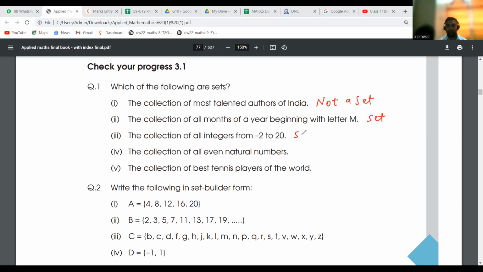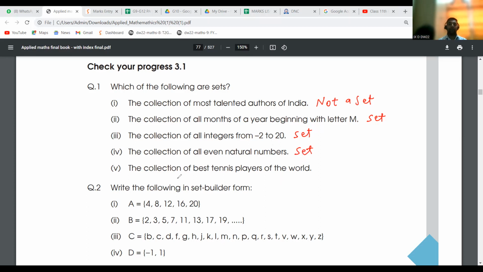Yes, it is also a set because there are a few integers between -2 and 20, which will be the same for all the persons. Then the collection of all even natural numbers. Yes, this is also true.